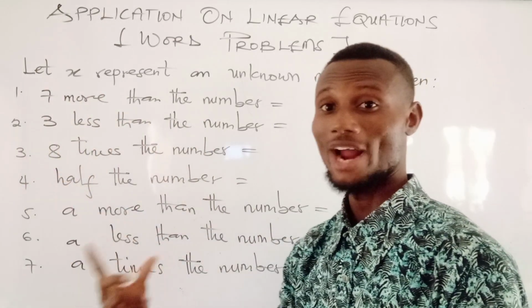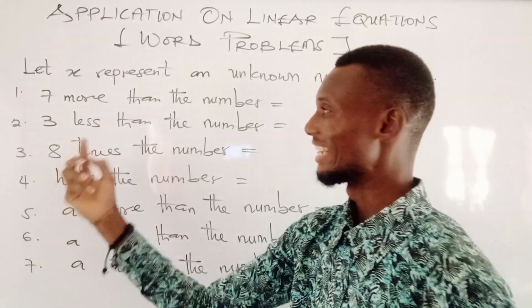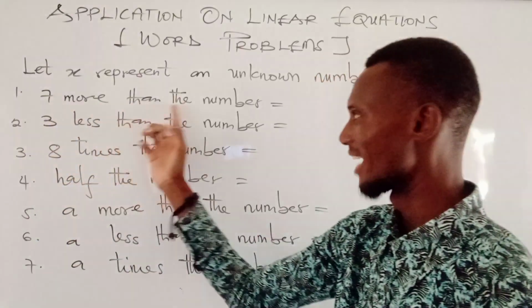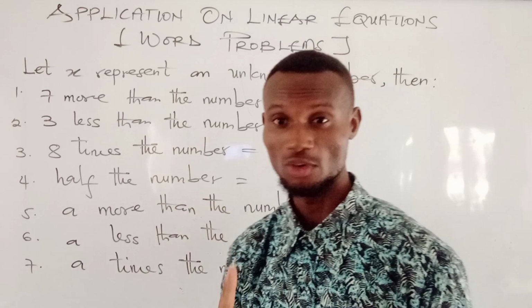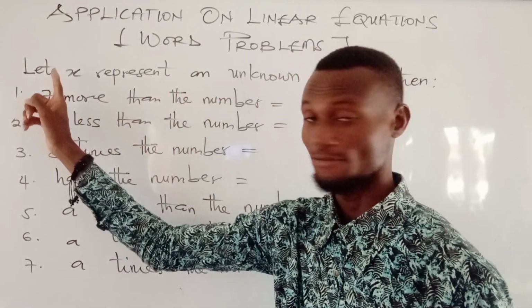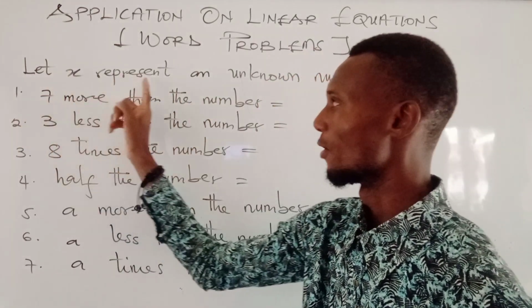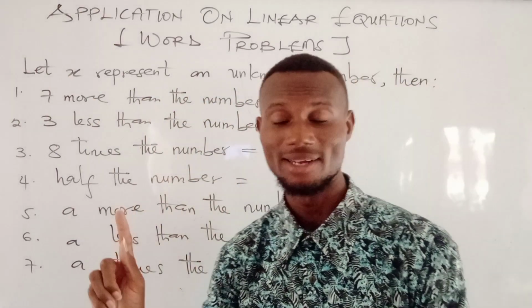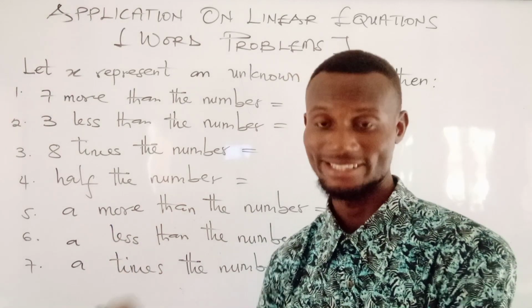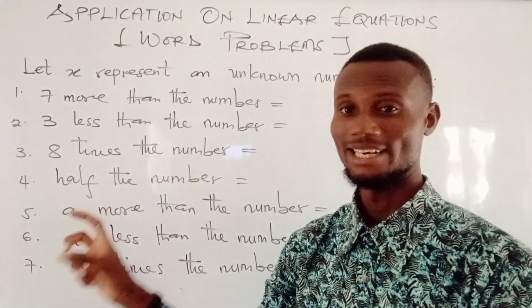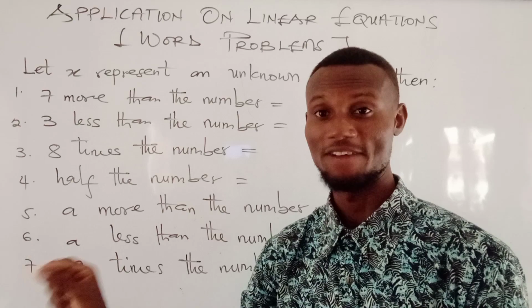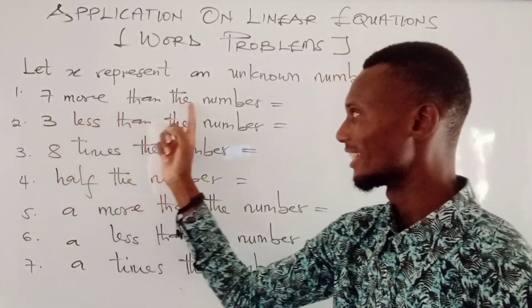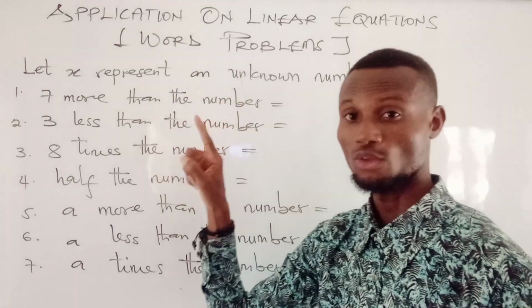We are supposed to write an expression in terms of S for the statement 7 more than the number. The number we are talking about is S.